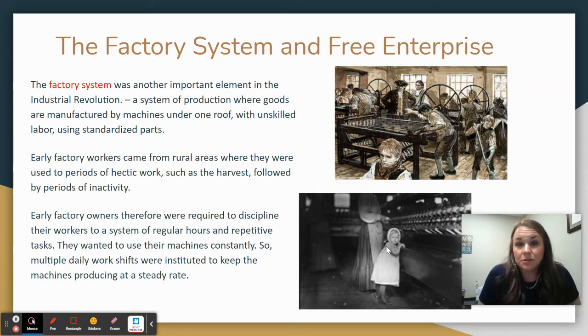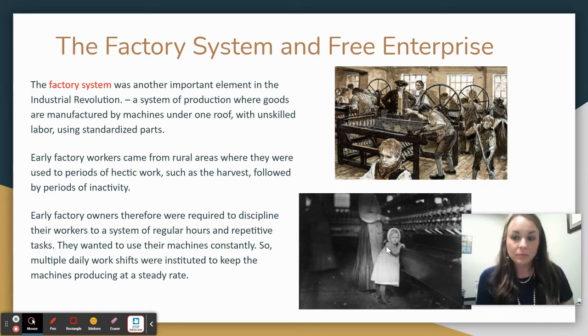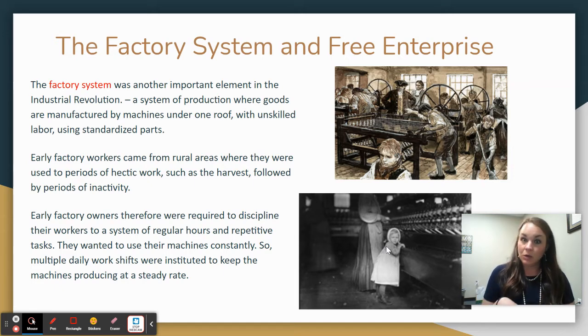So the factories are going to spring up. The shift in innovation goes from ag to the textile industry, which textiles, of course, are clothing, cloth. Instead of having one single spinning wheel or loom in a home, now they had great big mechanized looms that could mass produce large sheets of cloth.